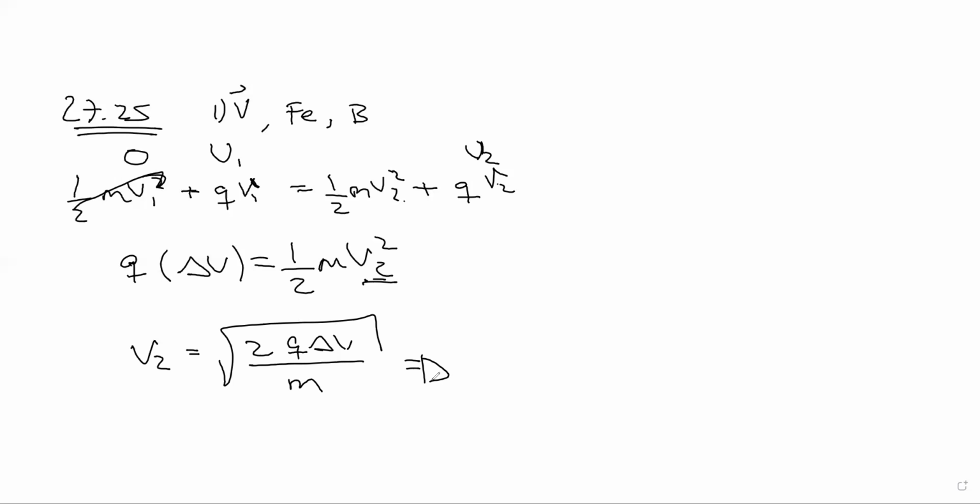All right, so I'm plugging in the numbers right now. And then this is 1.7 times 10 to the 3, times 2, times 1.62 times 10 to the negative 19, over 6.64 times 10 to the negative 27, and the one on the top is multiplied by 2 again.